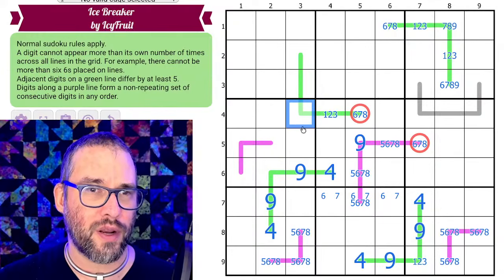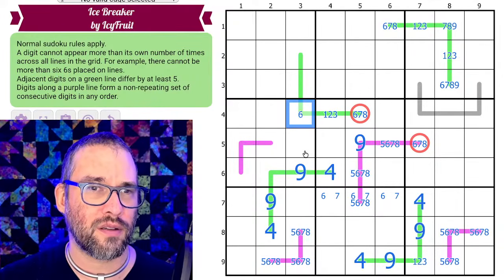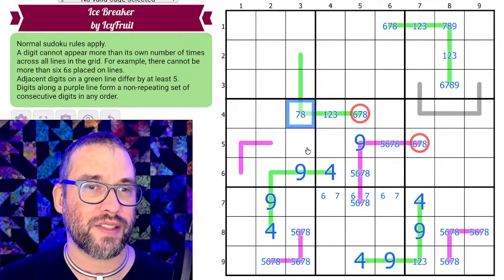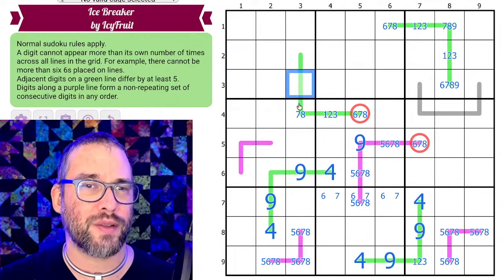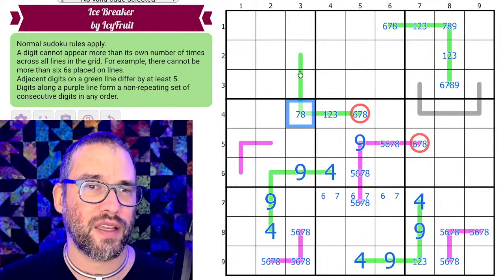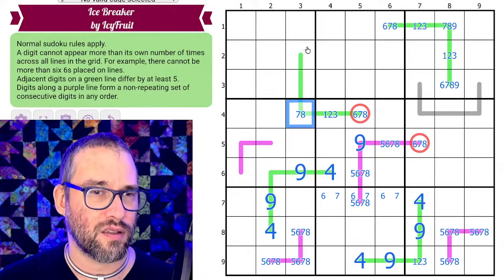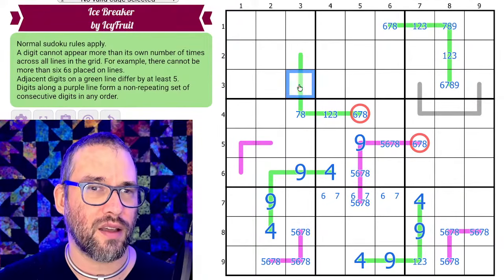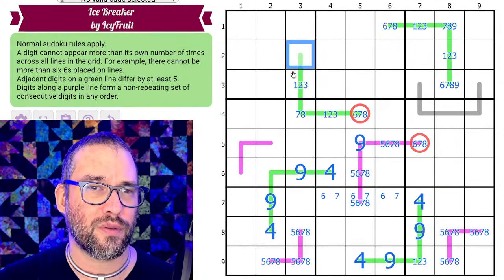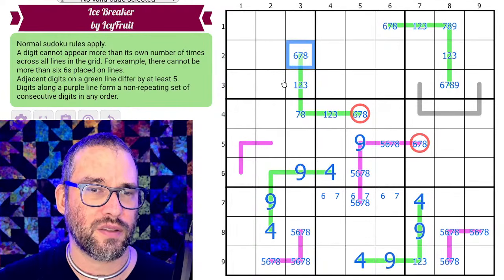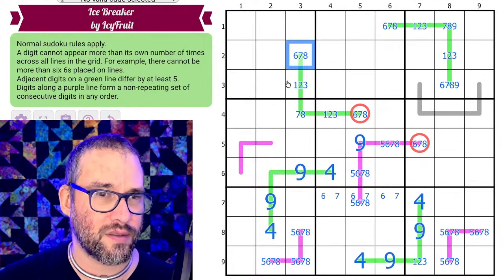1, 2, 3, 6, 7, 8, although not 6, because that would need 2 1s, so this is 7 or 8 only. 1, 2, 3, 6, 7, 8.